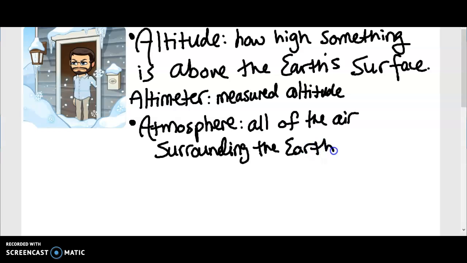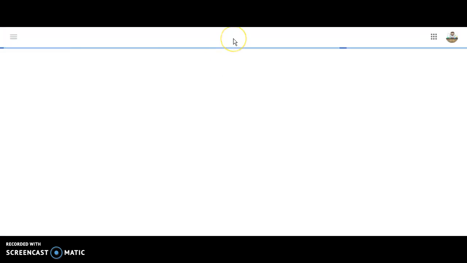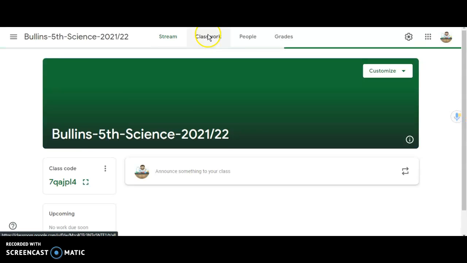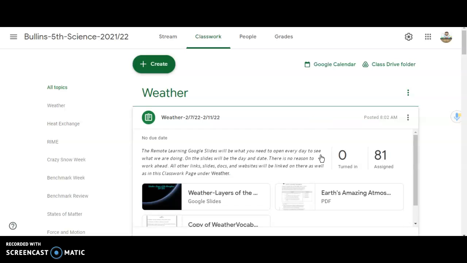Again, we have talked about these vocabulary words. Everyone should have a copy of those vocabulary words. We handed that out after the test, and people that weren't here still picked that up. If for some reason you do not have that, we can go into Google Classroom, Classwork, and here is this week.